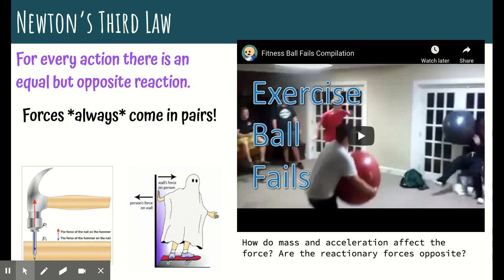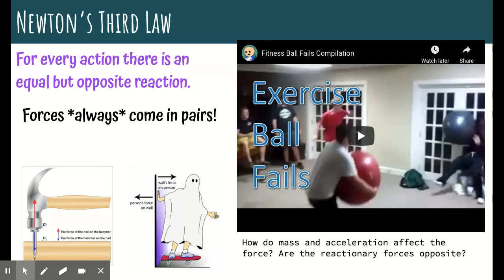This video clip, I am not going to play it on here, but it is definitely entertaining. If you would like to watch that, it's kind of funny. There's just a bunch of people running into each other using exercise balls and they go flying. But what I wanted you to pay attention to is how the mass of the person and the speed that they were moving at affect the force.